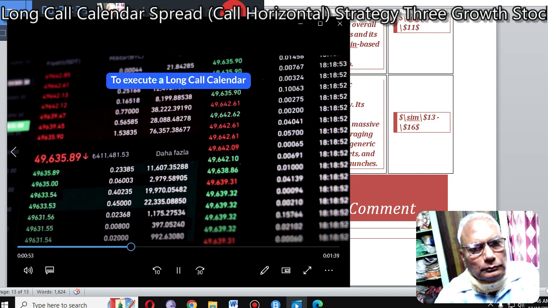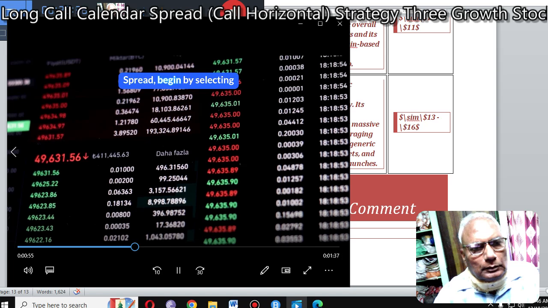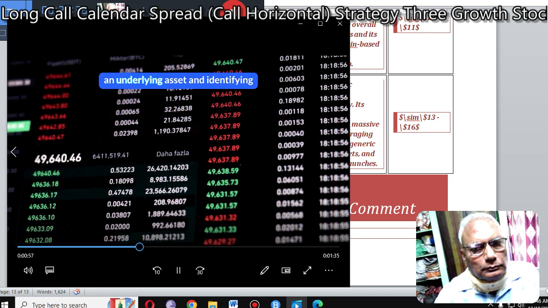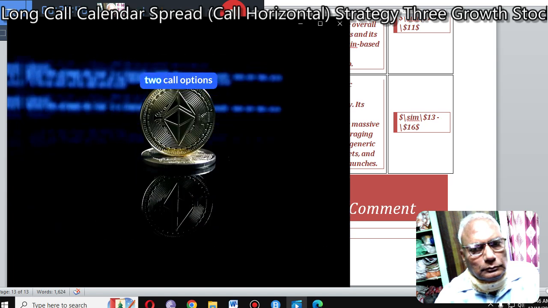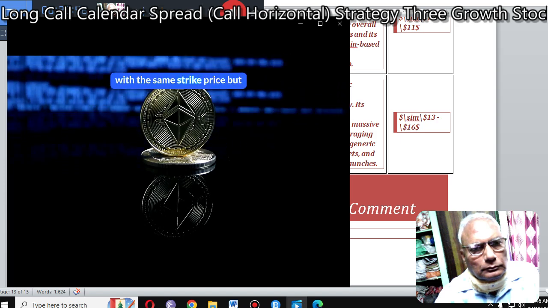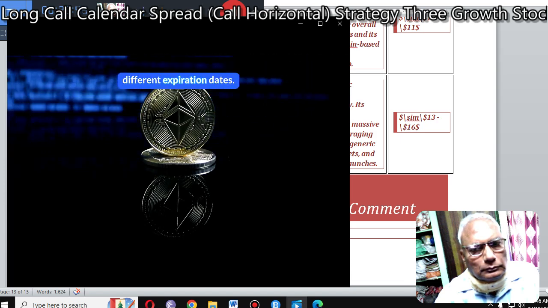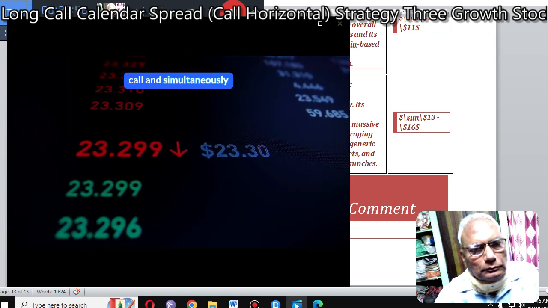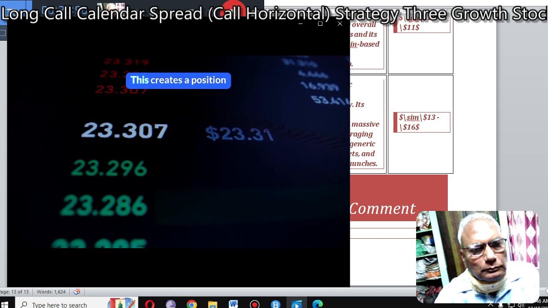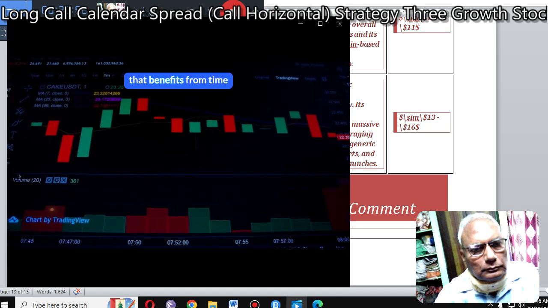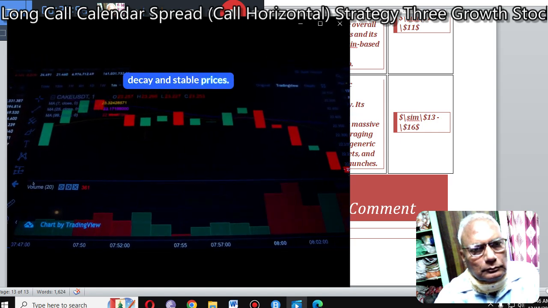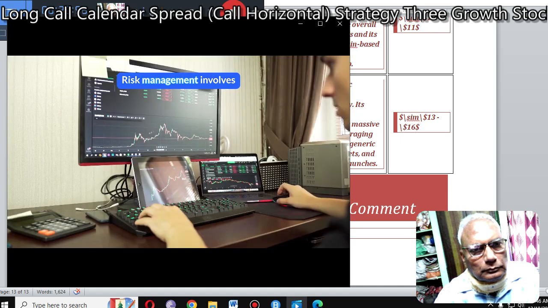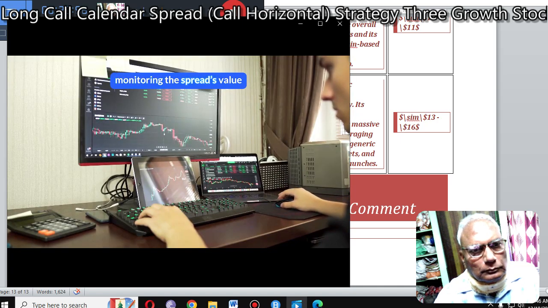To execute a long call calendar spread, begin by selecting an underlying asset and identifying two call options with the same strike price but different expiration dates. Purchase the longer-term call and simultaneously sell the shorter-term call. This creates a position that benefits from time decay and stable prices. Risk management involves monitoring the spread's value and setting stop-loss levels to limit potential losses.